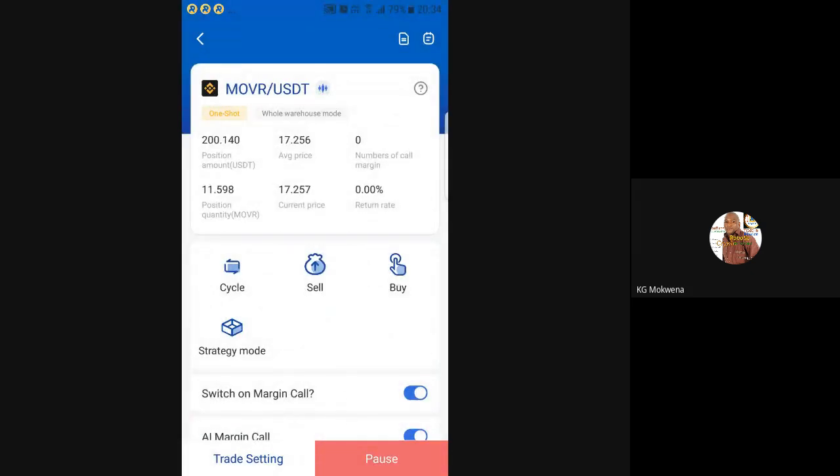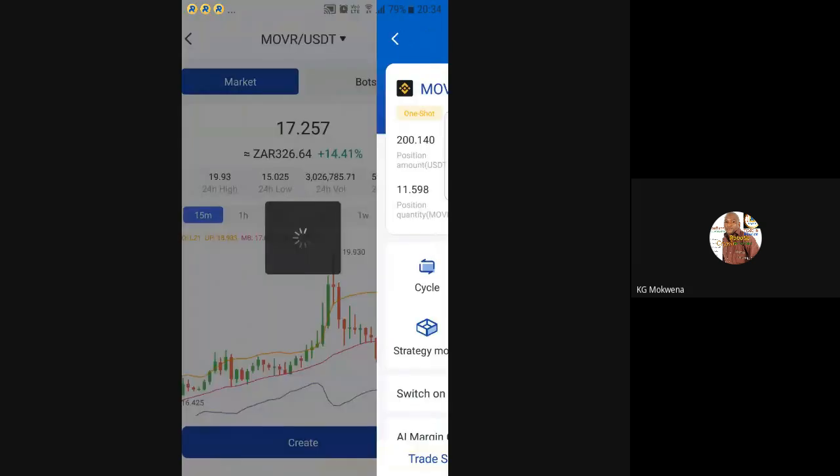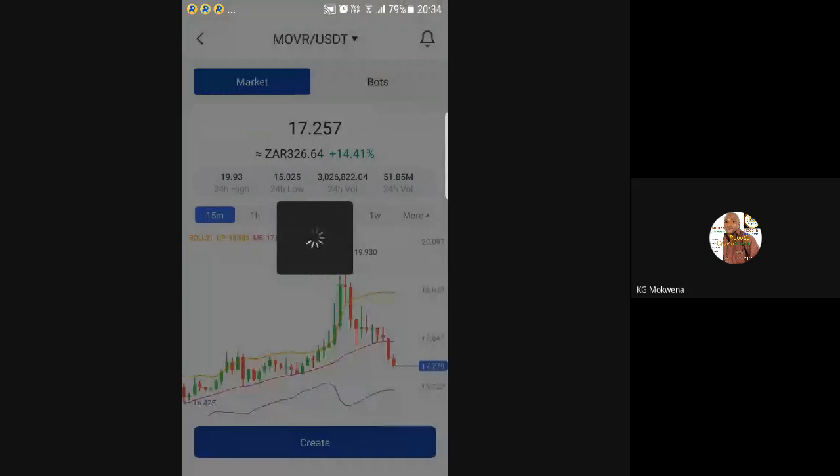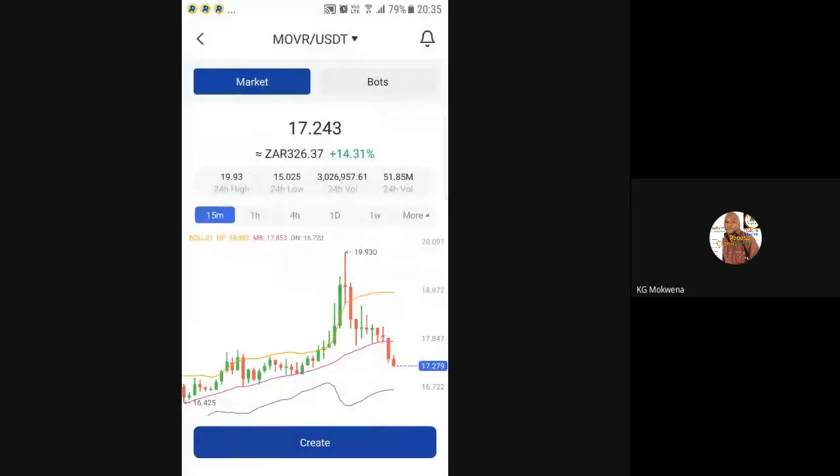So now that I've gone into this, you can see already it's even in the green. Let's quickly go and look at how actually the fall has been. Can you see how nice this is?